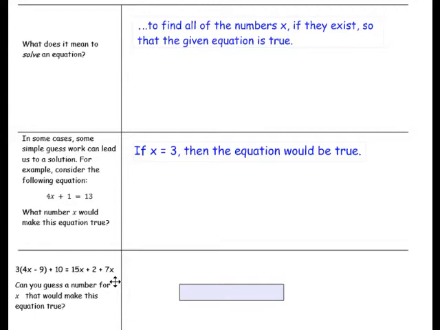The ultimate goal of solving any equation is to get it in the form of x, or whatever symbol is being used in the equation, equal to a constant. Can you guess a number for x that would make this equation true? No, too complicated.